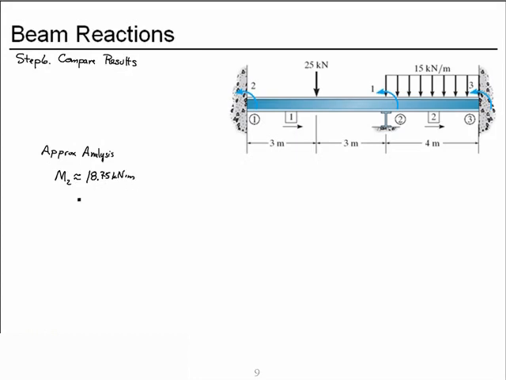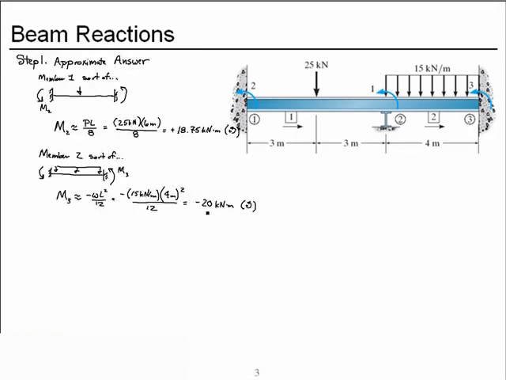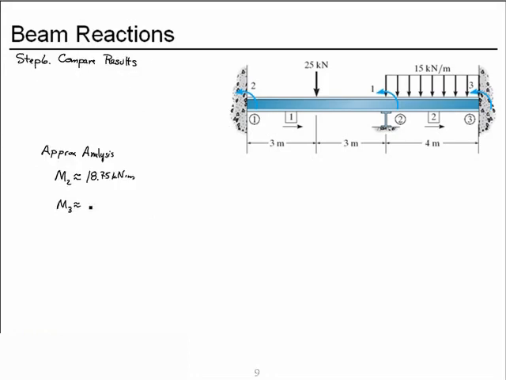Moment at degree of freedom 3, we approximated as a minus 20 kilonewton meters. And again, our sign convention is counterclockwise is positive.